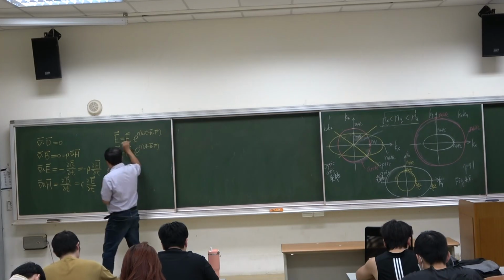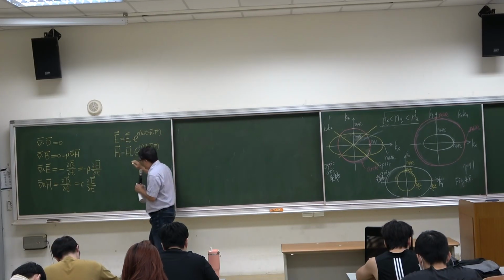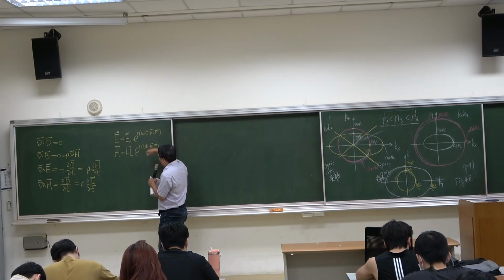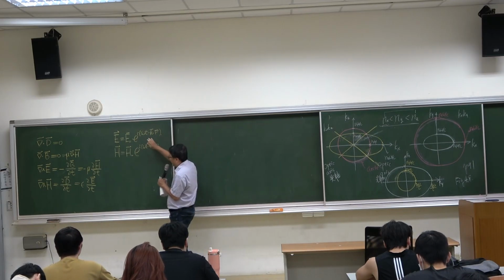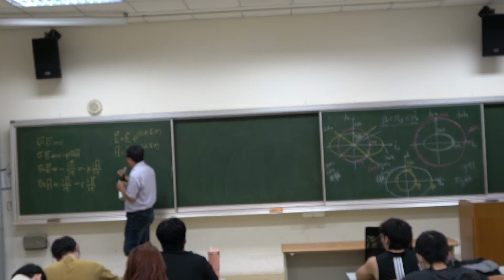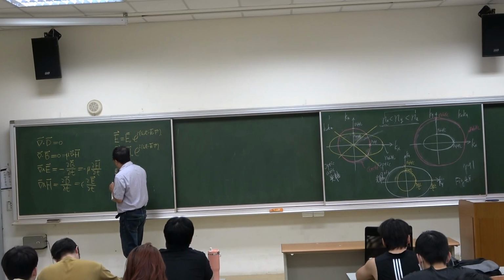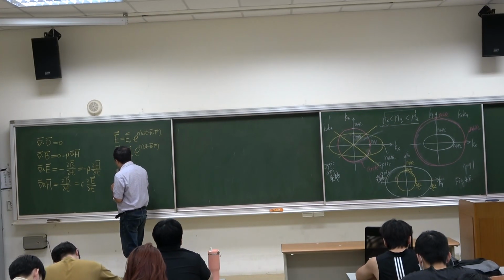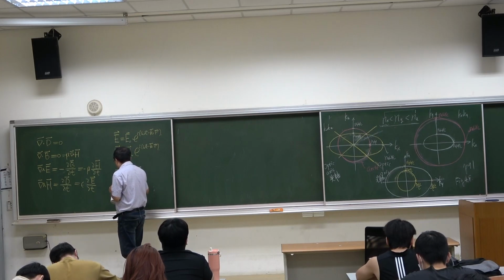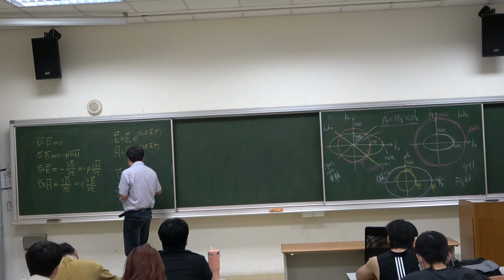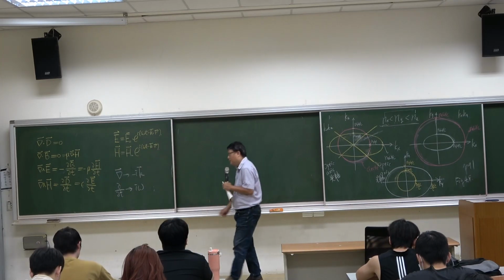Since I have explained that when you encounter a plane wave having this exponential form, then the del operation can be replaced by minus ik, and the partial t operation can be replaced by i omega.